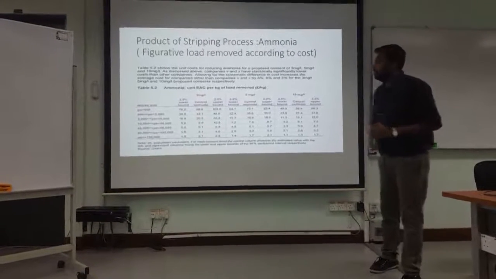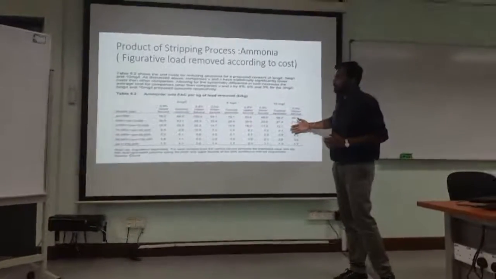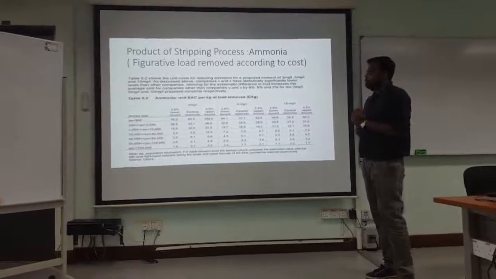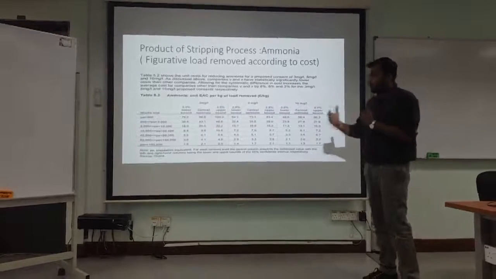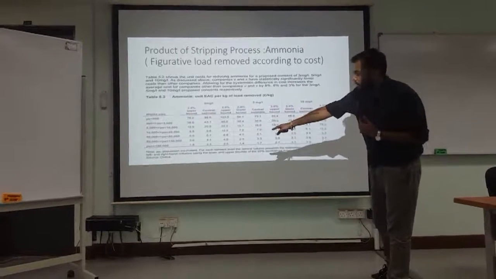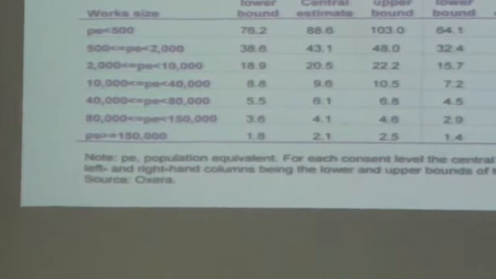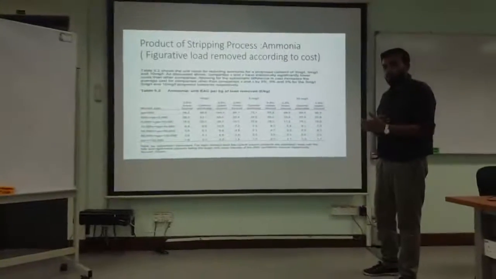Now we are going to see the figures for load removed according to cost. This table shows the unit cost for reducing ammonia at different concentrations. As we can see, the larger the population equivalent, the PE, the more wastewater there will be, so the load of ammonia removed will be a lot.